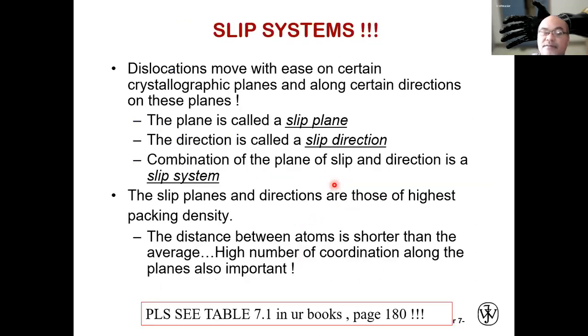The combination of the slip plane and direction gives us the slip system. The slip plane and direction are those of the highest packing density, where the distance between atoms is shorter than average. A high number of coordination along the planes is also important.